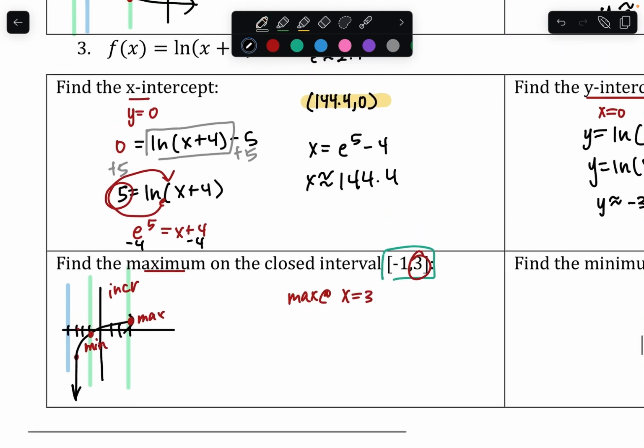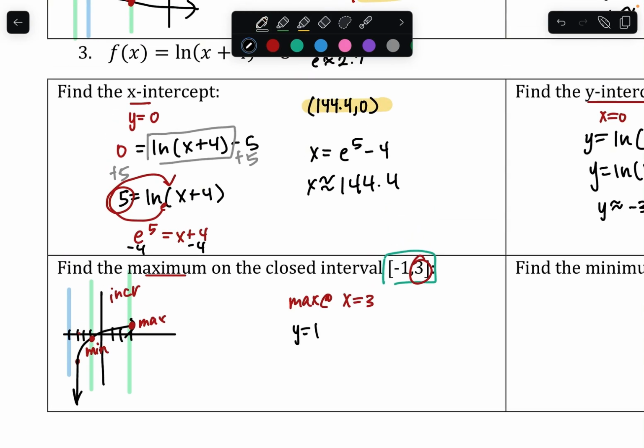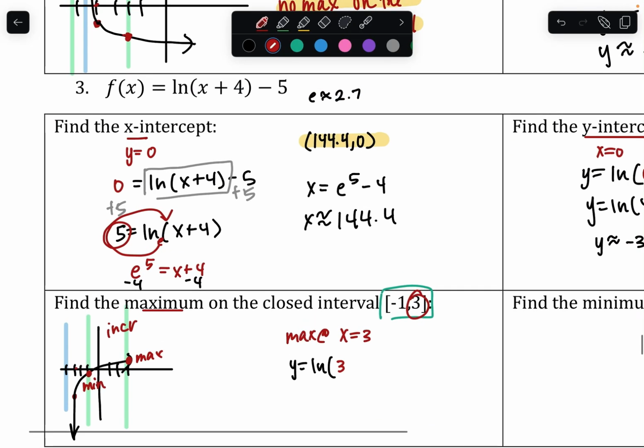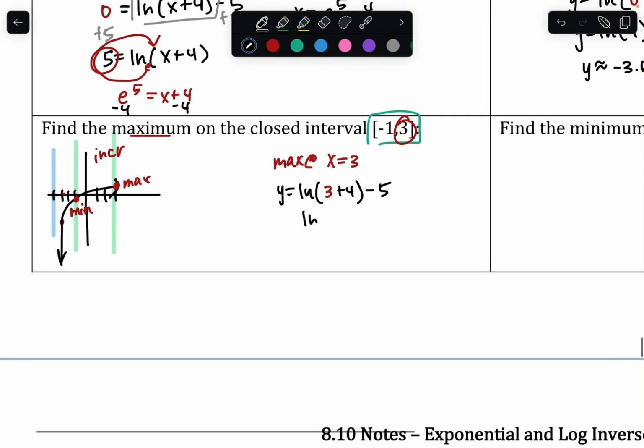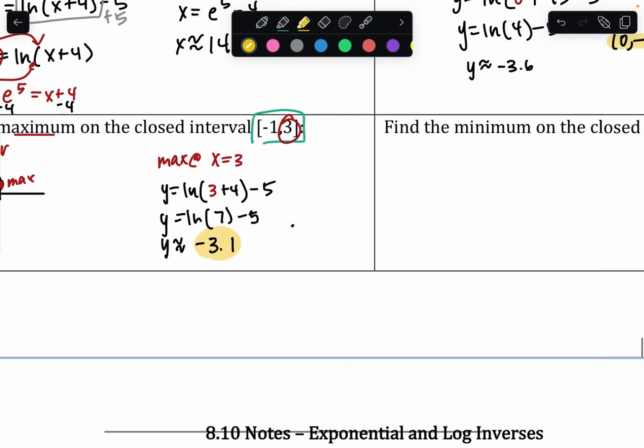And so grabbing the original function, we have natural log of 3 plus 4 minus 5, which is natural log of 7 minus 5. And if you type that in your calculator, you get approximately negative 3.1. And so negative 3.1 would be your maximum.